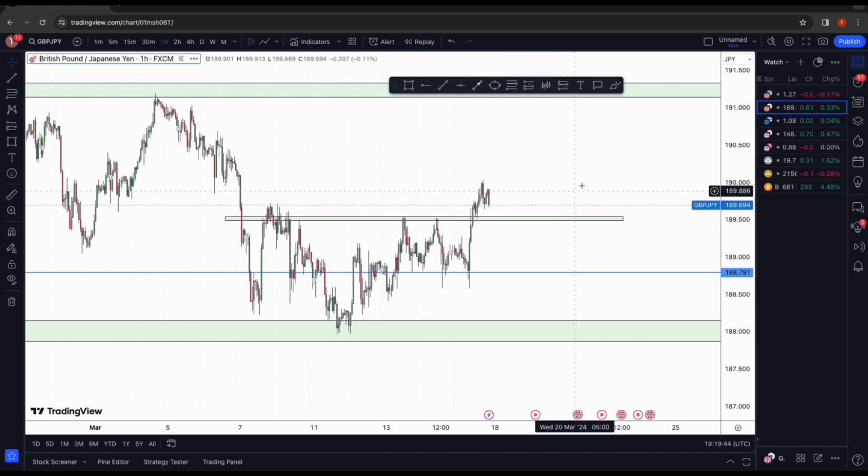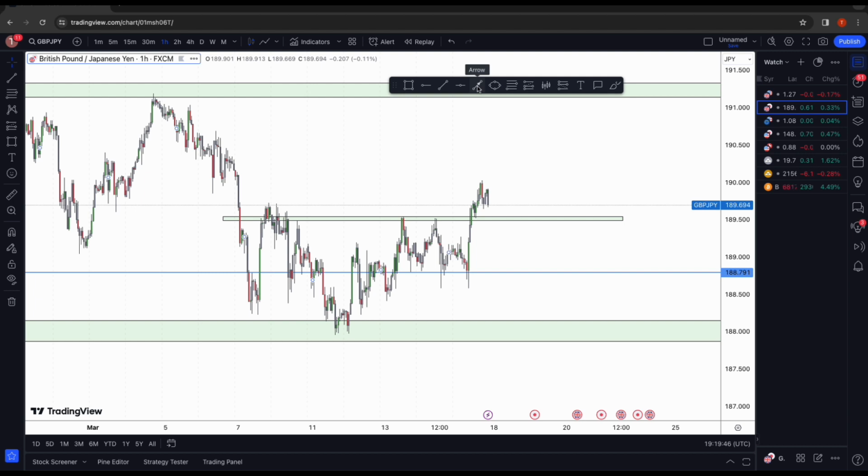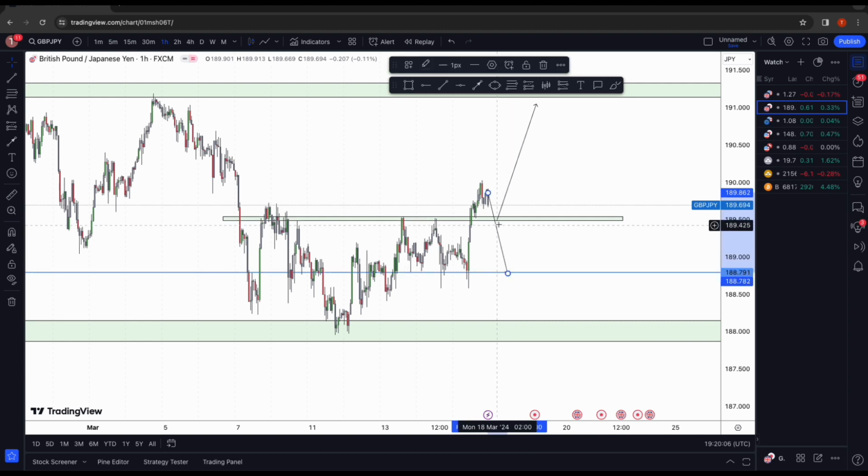So we have come above. If it was a continuation, price would come down to here. That would be the nice move. The dirty move, well, I say dirty move, it just means waiting longer. But you get a better entry, so it could come down to here, like this.